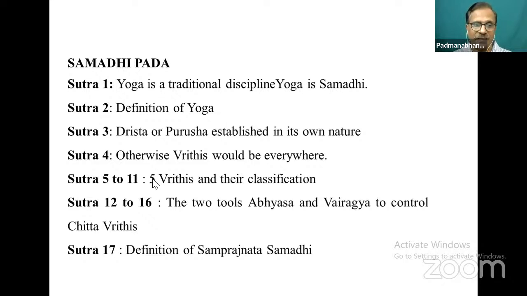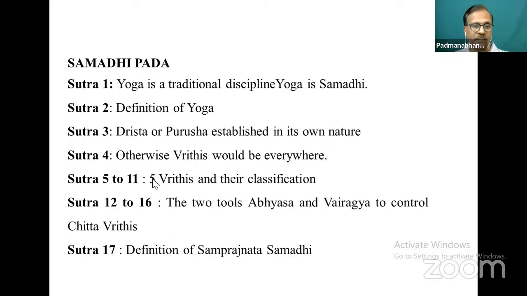And 17 talks about Samprajnata Samadhi: Vitarka, Vichara, Ananda, Asmita. These are the four types of Samprajnata Samadhi. So remember that Samprajnata Samadhi is with an object.